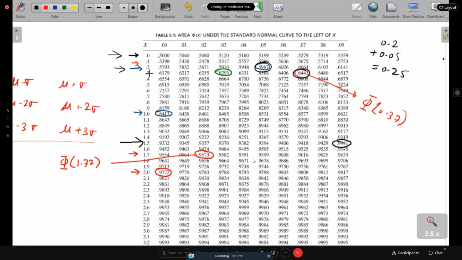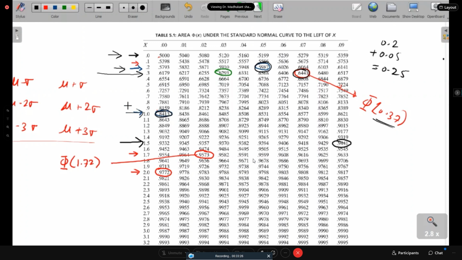Now let's see this red circle. It's sitting here, this 0.3, and it's with this 0.07. So 0.3 plus 0.07 is 0.37. So this is the value of phi at 0.37. Now if you look at this circle 0.8413, the row is for 1.0 and the column is for 0.00.